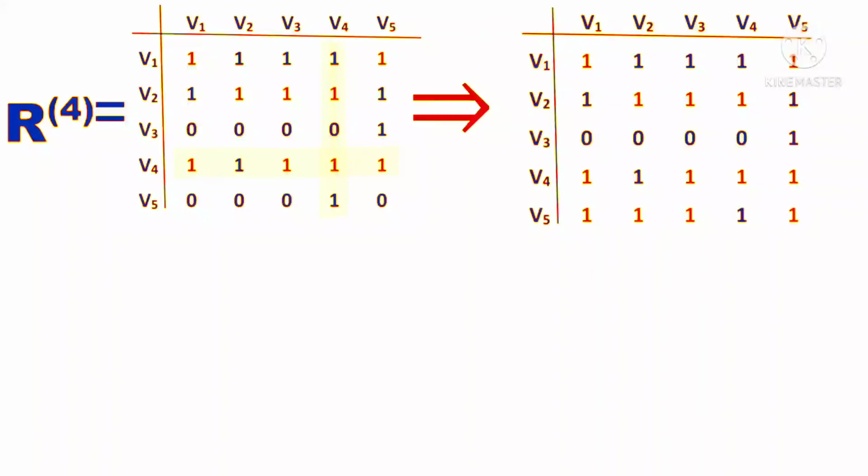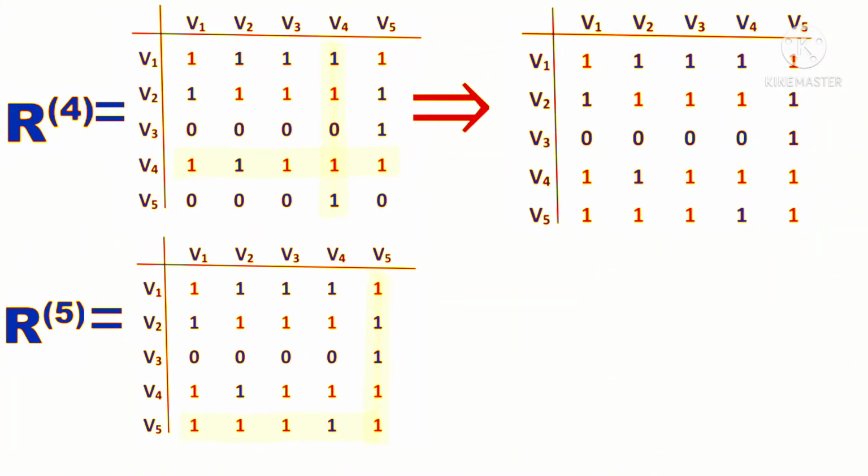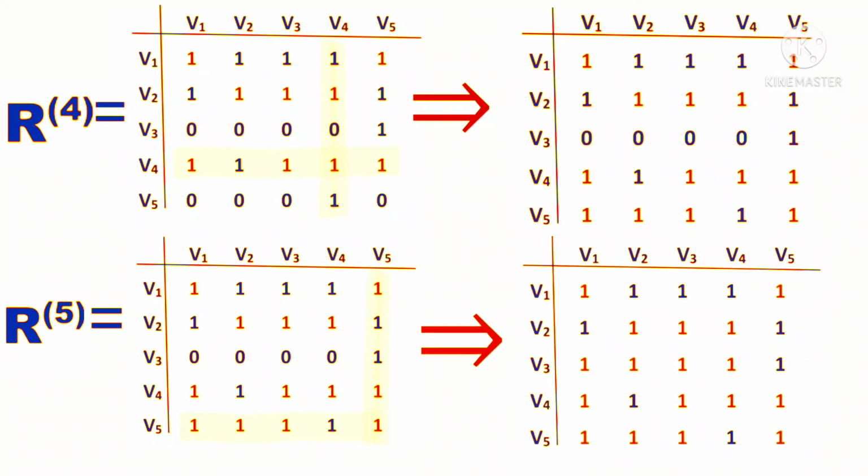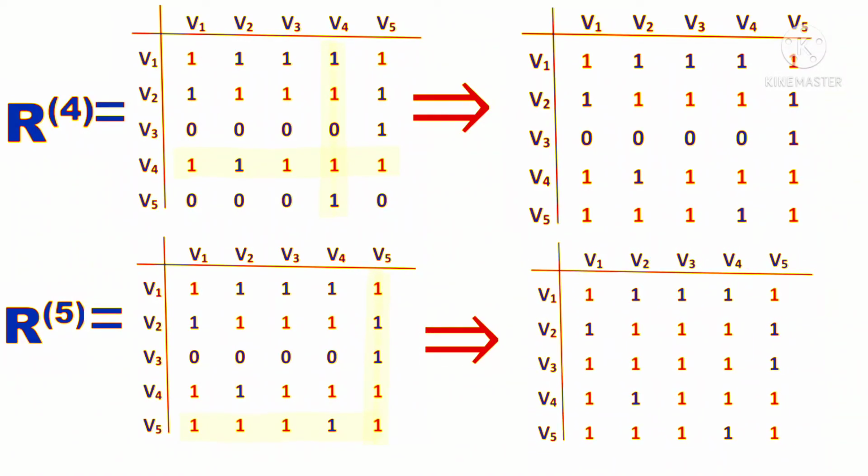To get R5, highlight the row of V sub 5 and the column of V sub 5. In R to the power of 5, the new paths from the vertex in row V sub 3 are V sub 3 to V sub 1, V sub 3 to V sub 2, V sub 3 to V sub 3, and V sub 3 to V sub 4.